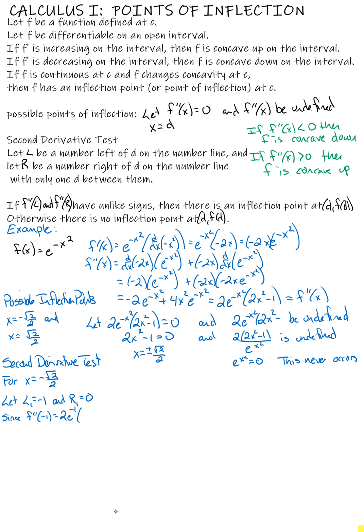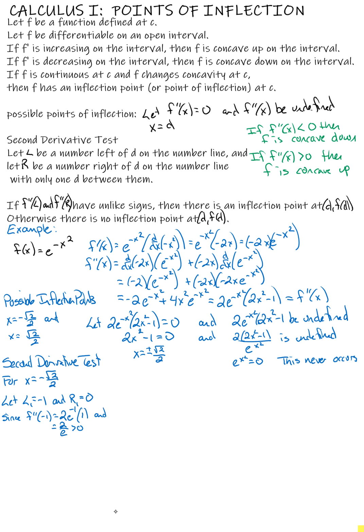Evaluate that at negative 1. That gives us 2 over e, right? e to the negative 1 means e is in the denominator. And by the way, notice this is a positive number.